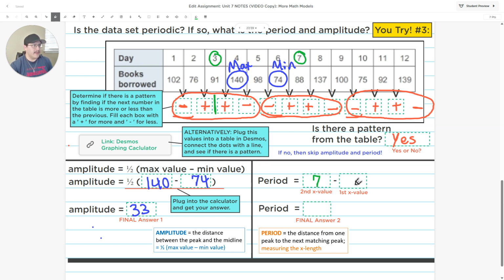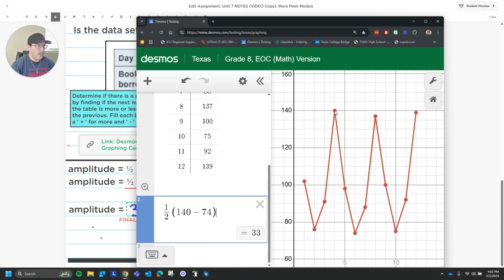So 7 minus 3 is 4. If you want to do this on Desmos, go from one part of the peak to the other. 8 minus 4 in this case is 4. I think I used 3 and 7. There we go. 7 minus 3 is also 4.